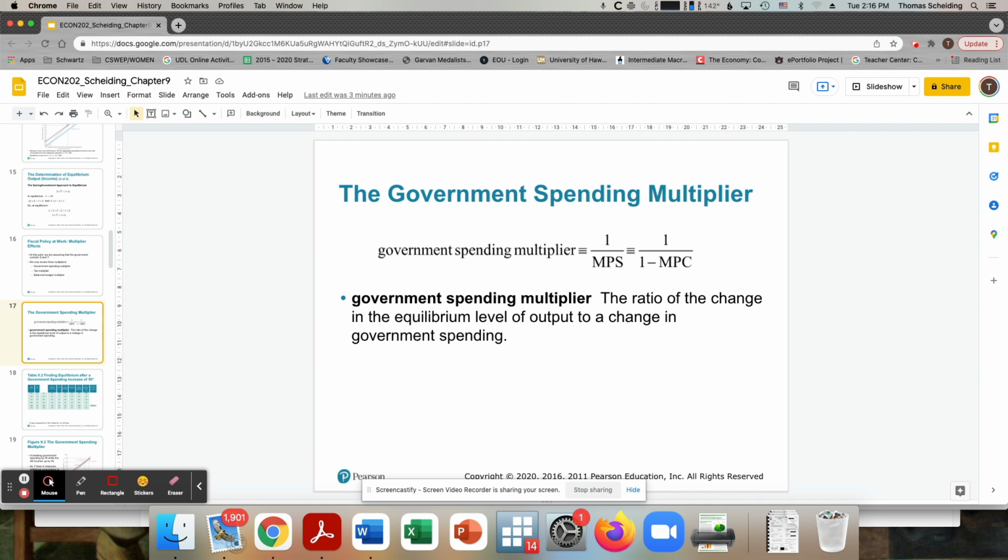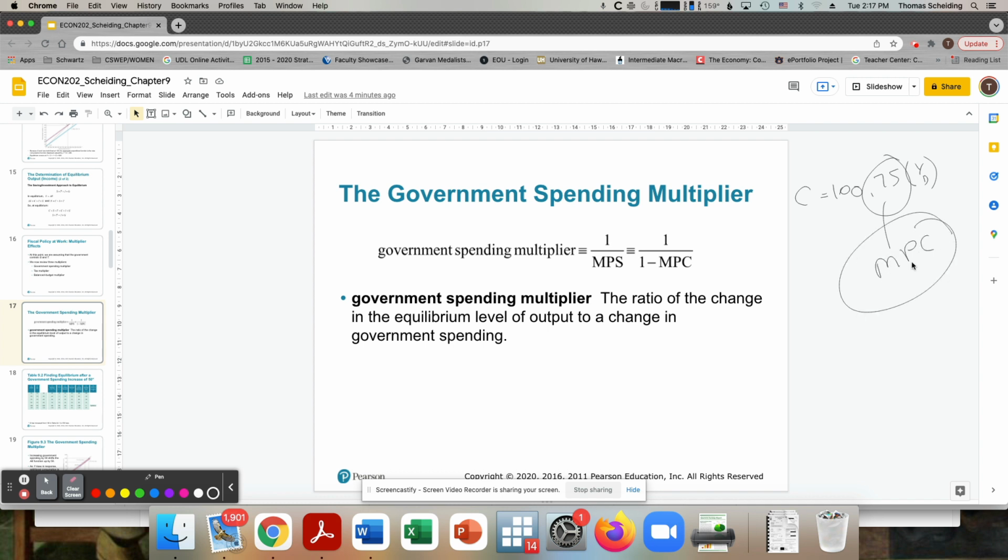So in the government spending multiplier, what we're saying here is that that one term that we looked at, right, when we said consumption equals 100 plus 0.75 YD, disposable income, that 0.75, the portion of my disposable income that I then devote to consumption, is called my marginal propensity to consume.